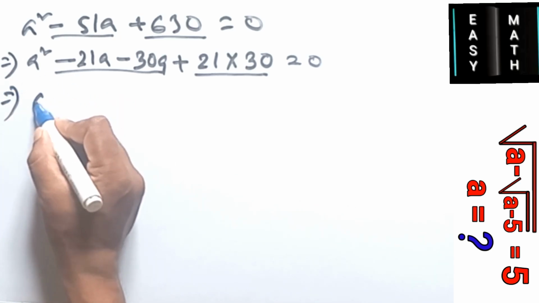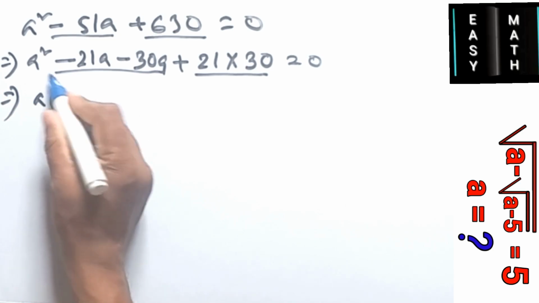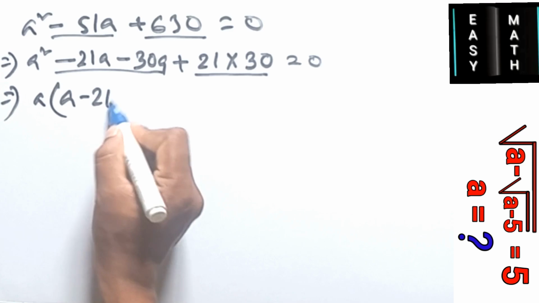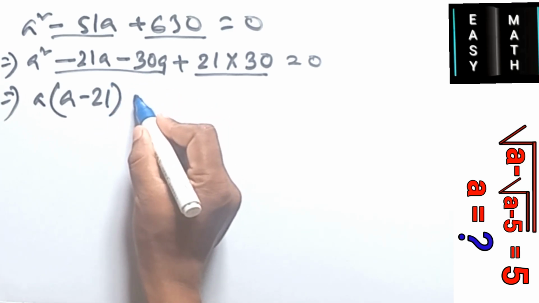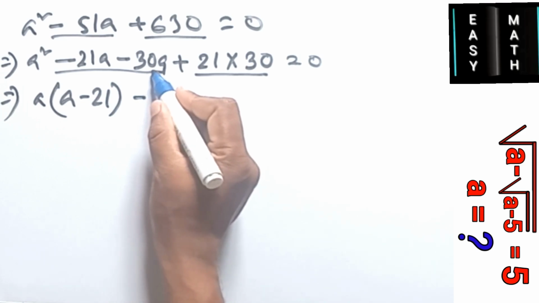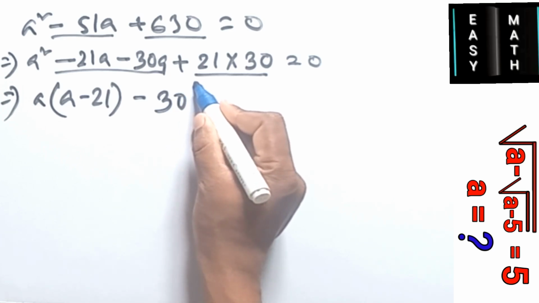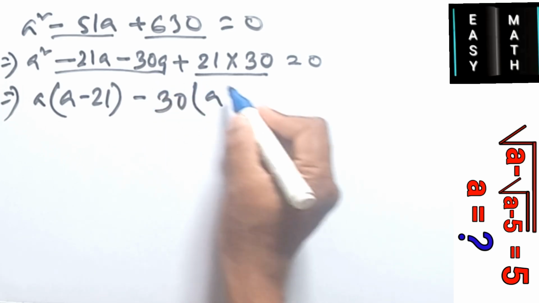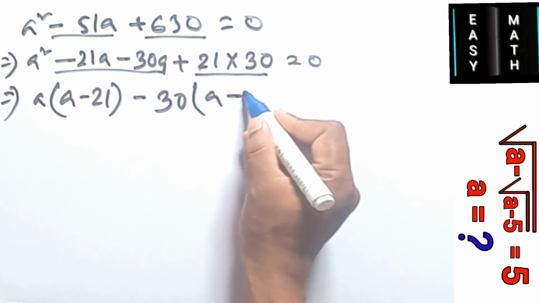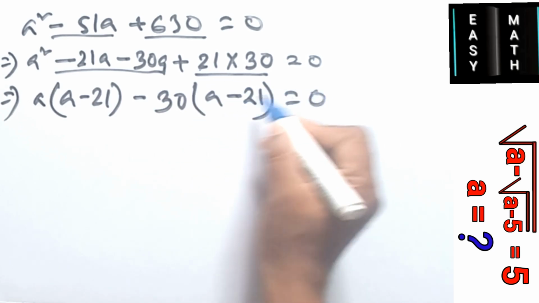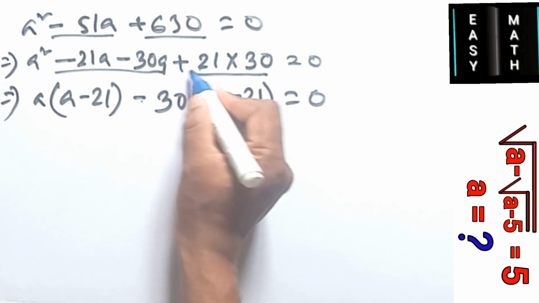Now we take a common, so a minus 21, and take 30 common, so a minus 21 times a minus 30, because minus and minus is plus.